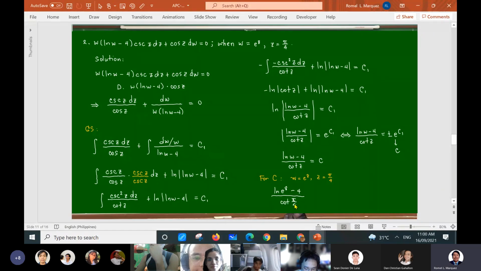By the way, the 4 here is not inside the ln. What is cotangent pi over 4, children? 1, no? 1. What is ln e to the 8? Simply 8. What's the value of C? The value of C is 4.